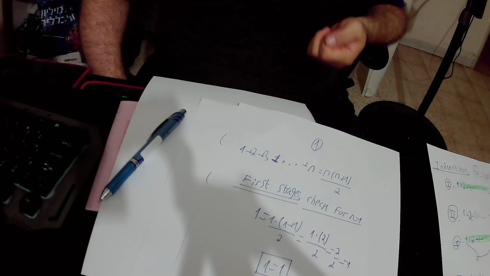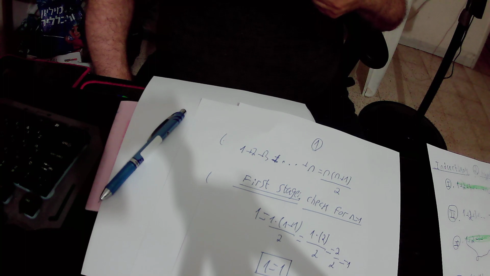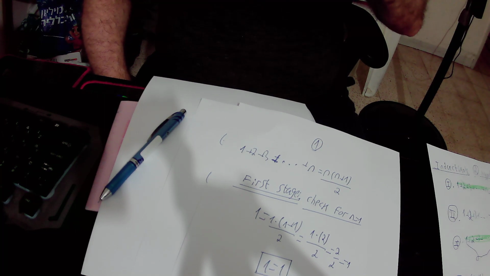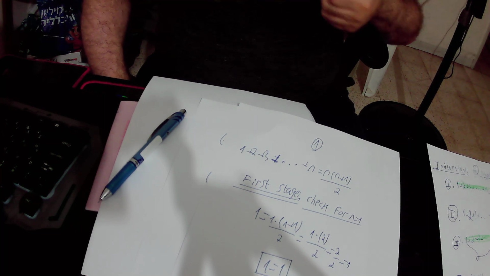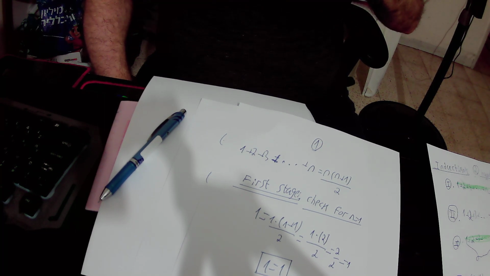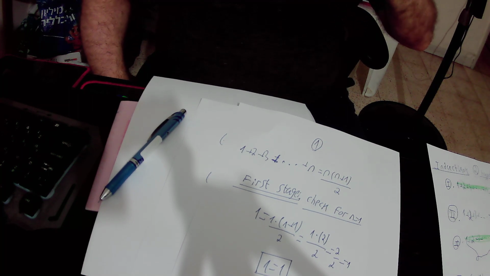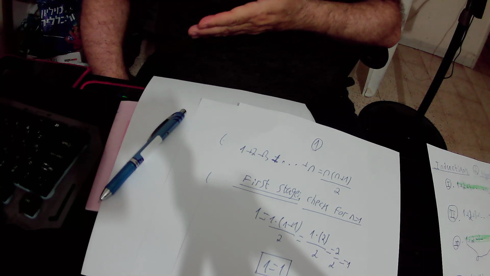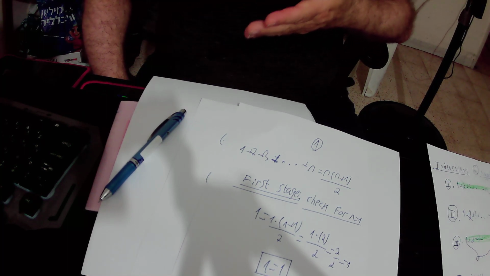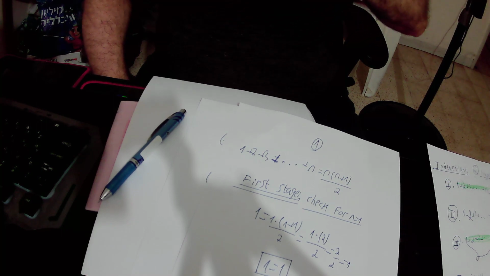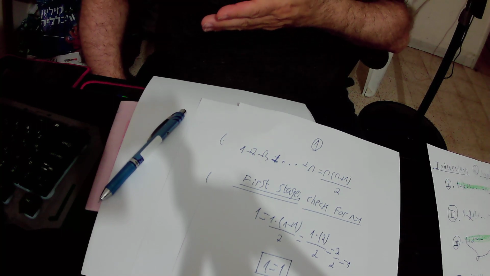And then we will repeat the same process in order to prove that the statement is also true for n that equals 4, because now we know that the statement is true for n that equals 3, and it also must be true for n that equals 3 plus 1, according to our general proof that if it is true for n, it also must be true for n plus 1.